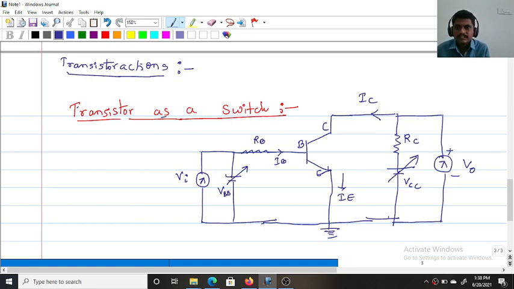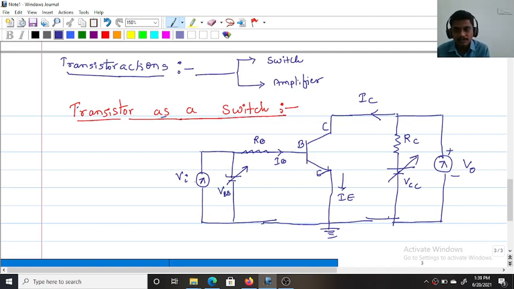Now we'll discuss transistor actions. A transistor can act like a switch and can also act like an amplifier. We'll discuss how the transistor acts like a switch and also like an amplifier.